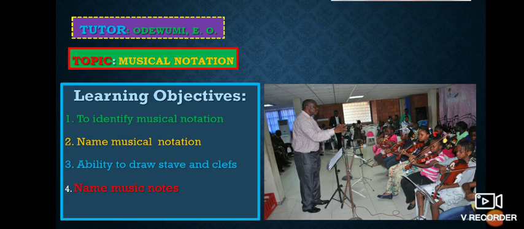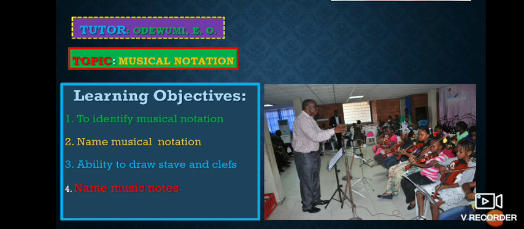Our topic today is musical notation. The objectives for today's lesson are: at the end of today's lesson, you should be able to, number one, identify musical notation, and what musical notation is.